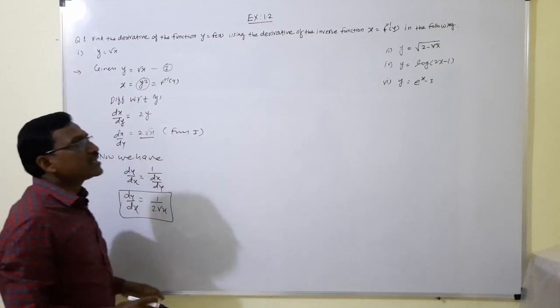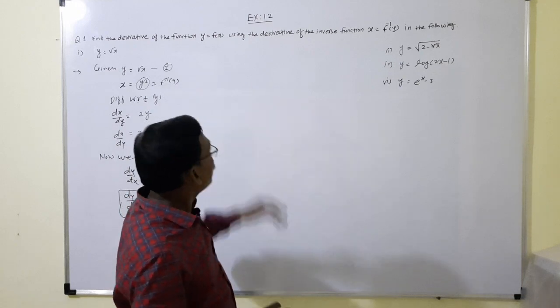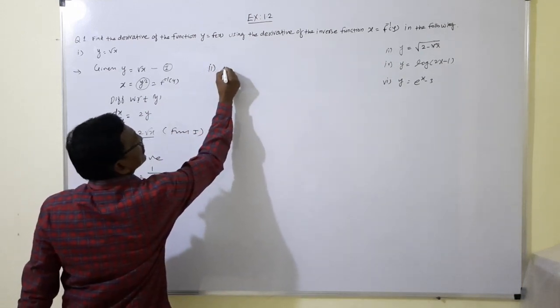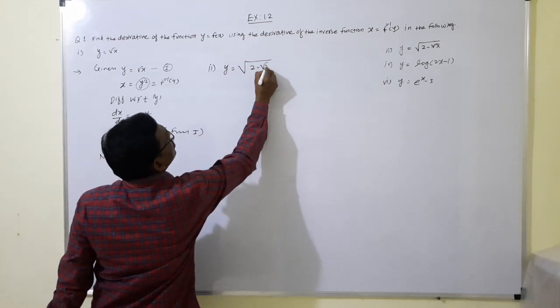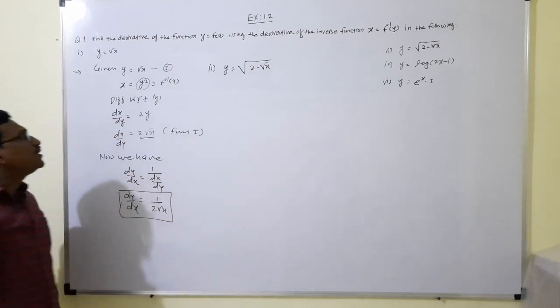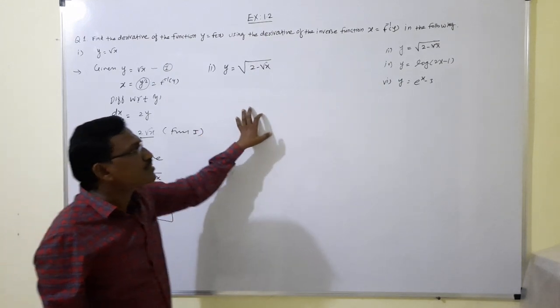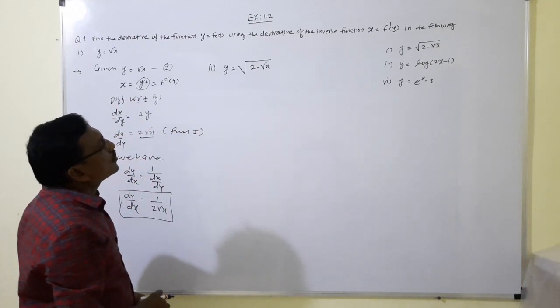Now we take the second example, which is similar to the first example. y equal to root of 2 minus root x. Here again we convert this function y equal to f of x in terms of its inverse function.